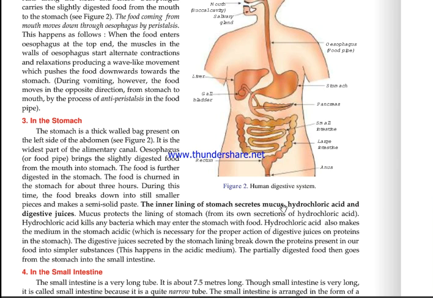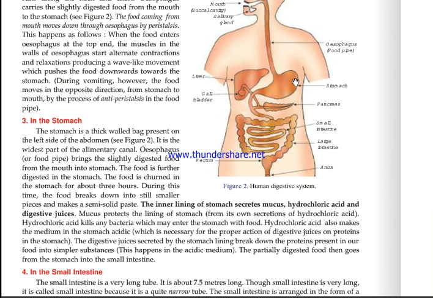The mucus protects the inner lining of the stomach from the hydrochloric acid. As the name says, it is an acid, and we know that hydrochloric acid is a strong acid. It means it may harm the inner cells of our stomach.